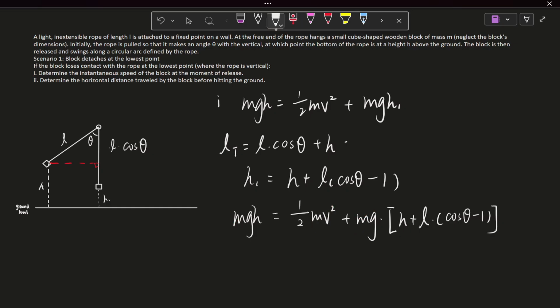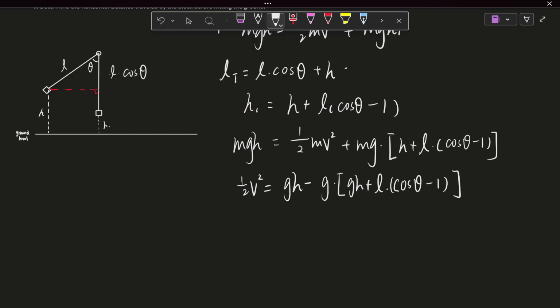So we get 1/2 v squared is equal to gh minus g times [h plus L times (cosine theta minus 1)].